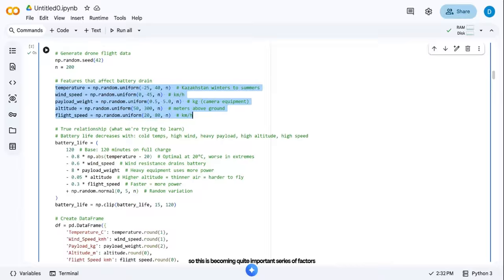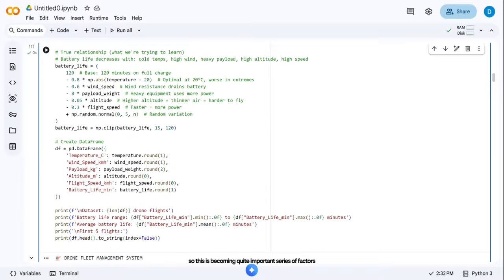This is quite an important series of factors for a drone company. If you're flying multiple drones to do surveillance work, you do not want to lose a drone, right? You want all the drones to come back, be fully recharged and redeployed.